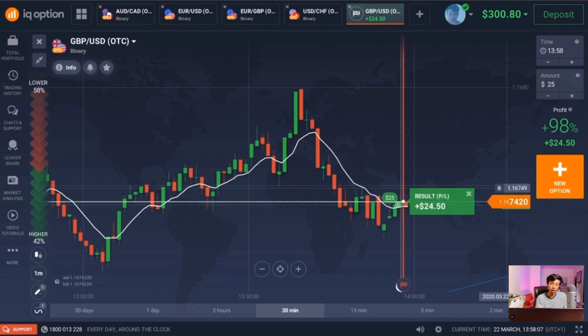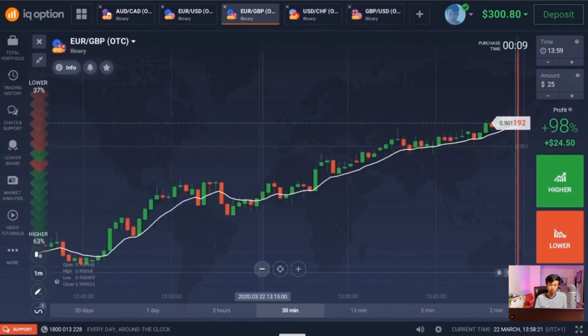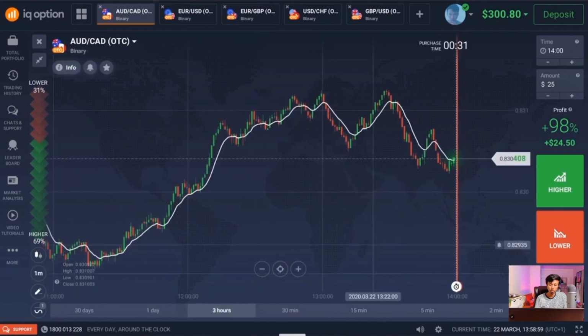When it breaks our resistance line, we call this moving average a resistance line, and then we predict that the next candle or the next couple of candles will find their way to go up higher. That's the reason I'm going here. So we will continue to go more.